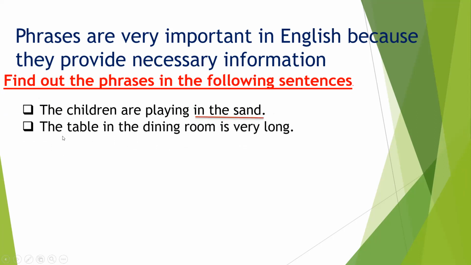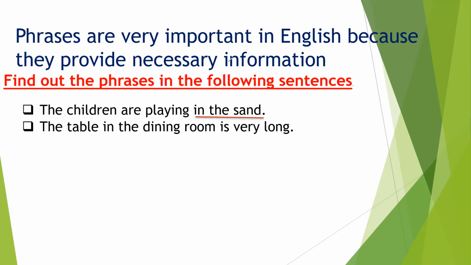What about this one? Which part of this sentence is the phrase? The table in the dining room is very long. Is it the table, or in the dining room, or is very long? Let's see.